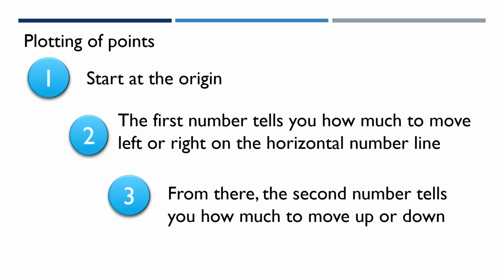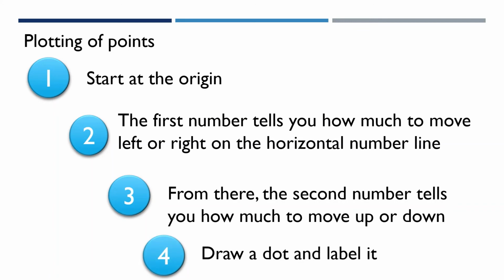The movement is up or upward when it is positive, and the movement is downward kung yun ay negative. Then, for the last step, we have to draw a dot and label it. So, lalagyan natin o papangalanan natin yung ating point.